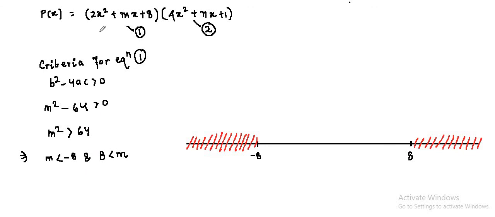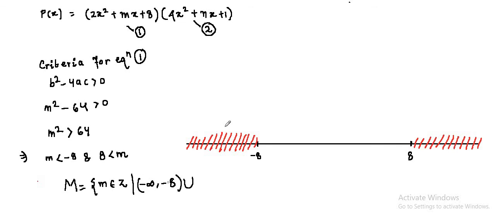So the range, or the condition for m that you have obtained, is that small m is an element of (−∞, −8) union (8, ∞). Why union?